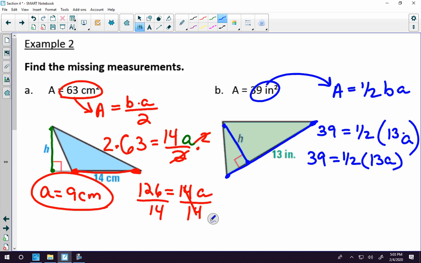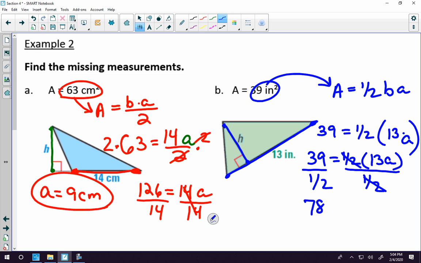So if you want to rewrite the triangle equation this way, the next thing I would do is divide by a half. You could also multiply both sides by 2. I want to show this because a lot of times students will say, well, 39 divided by a half, our answer's got to be smaller. But wait a minute, we're dividing by 1/2. So if we're dividing by 1/2, our answer better be bigger than 39. In fact, when we're dividing by 1/2, we better double 39.